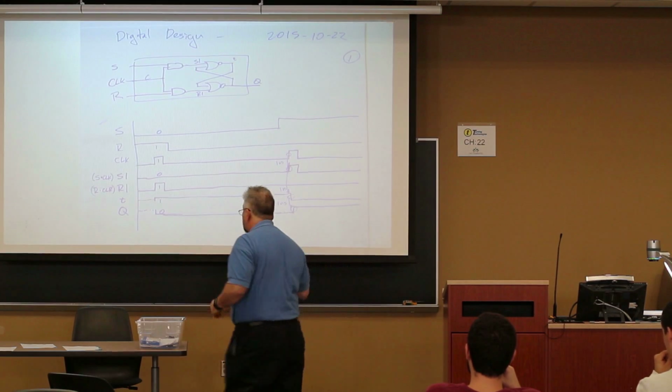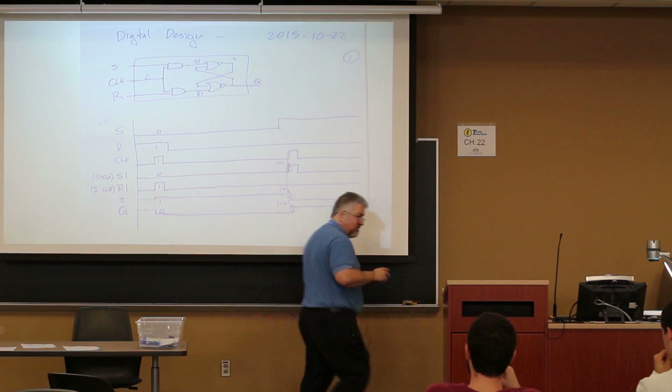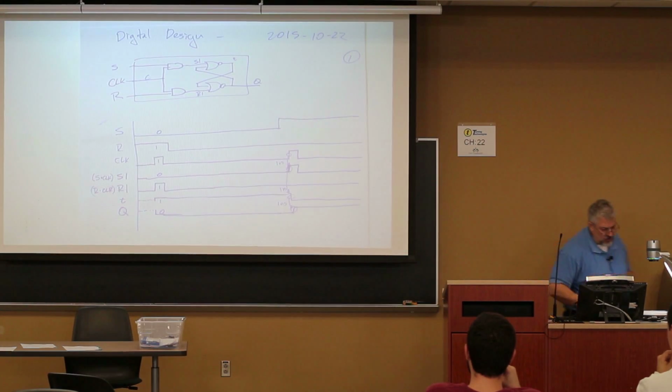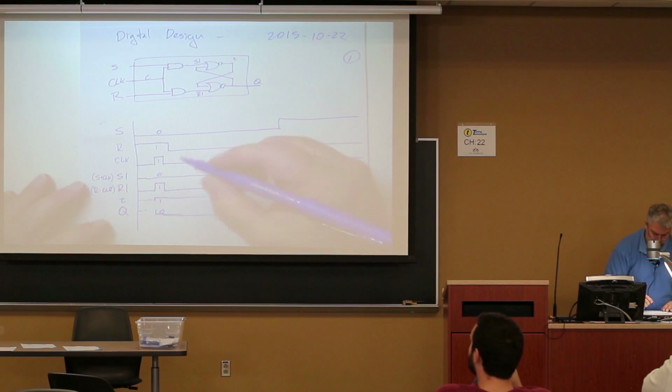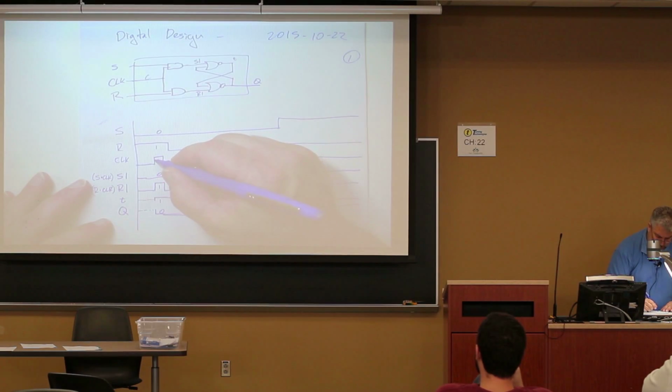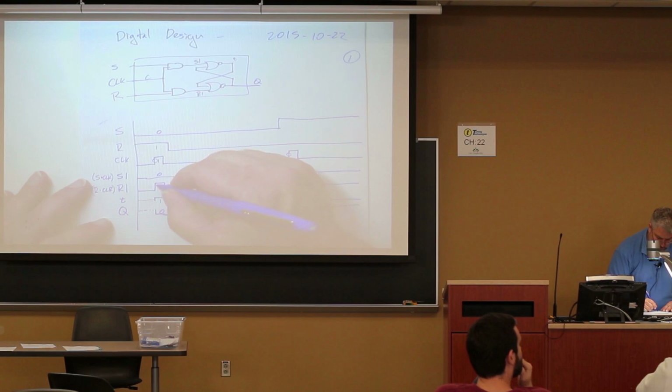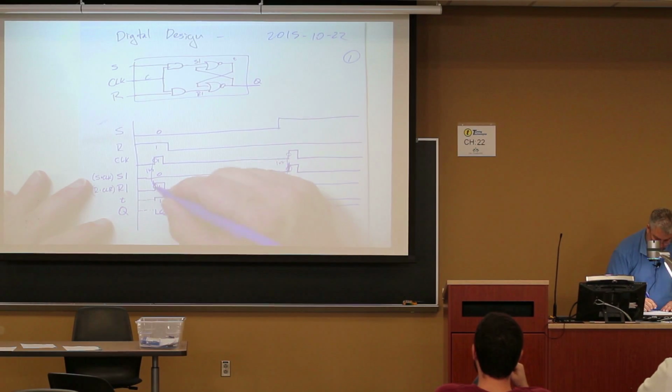Yes? Why doesn't R1 have a 1 nanosecond delay after clock? It does. So I didn't put it on, where did I put it? I put it on one of these up here. So at this point, there is a 1 nanosecond delay, then there is a 1 nanosecond delay, and then there's a 1 nanosecond delay.